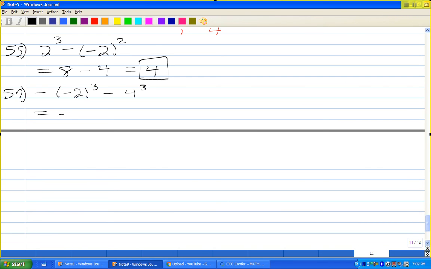And so, negative 2 cubed is negative 8. 4 cubed, 64. Minus and a minus is a plus 8. 8 minus 64, negative 56.